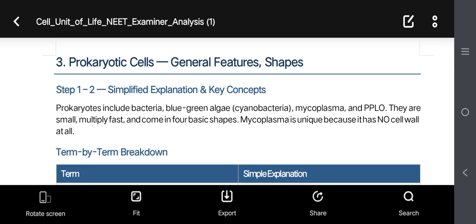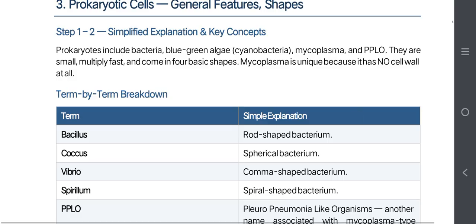Previously, we talked about eukaryotic cells in part 1 of the lecture. Now, we will talk about prokaryotic cells, general features and shapes. Prokaryotes include bacteria, blue-green algae, meaning cyanobacteria, mycoplasma, and PPLO.